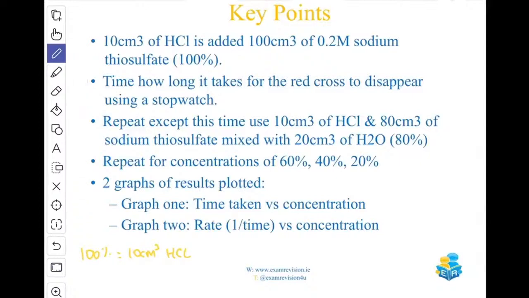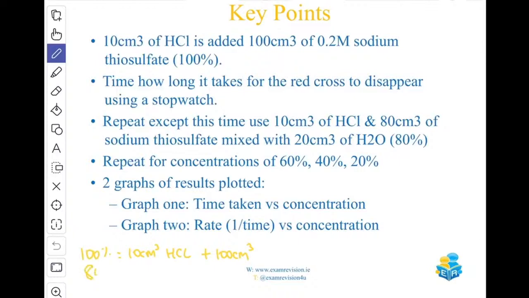What you do is you time how long it takes for the red cross to disappear using a stopwatch. And then what we will do is we will get 10 centimeters cubed of the HCl and 100 centimeters cubed of your sodium thiosulfate. That will be a 100% solution.